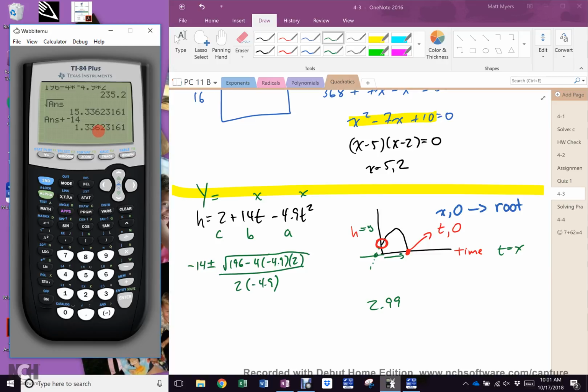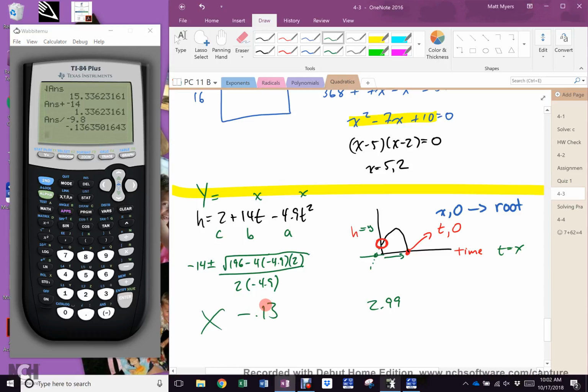And I'm going to divide that by negative 9.8, because that's what's down here, yes? And I get a negative number. Agreed? So that says that would be a negative time, wouldn't it? So that's garbage. Negative 0.13 seconds.